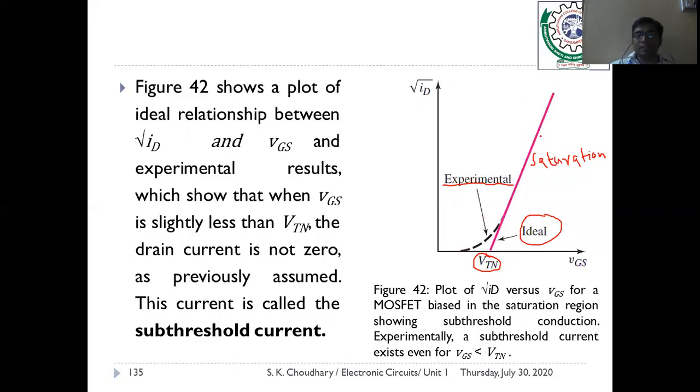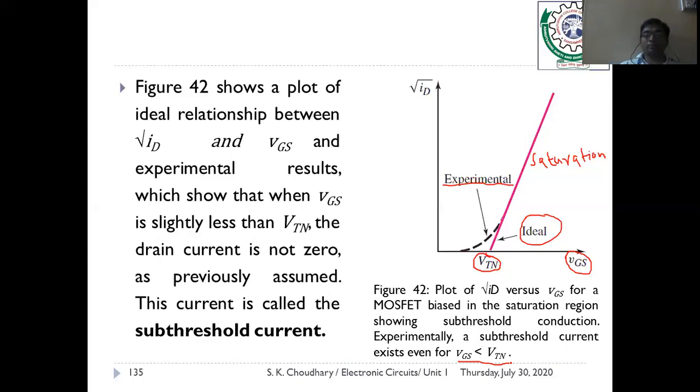Suppose the MOSFET is conducting in the saturation region, giving some finite drain current, and all of a sudden VGS is decreased below the threshold voltage.